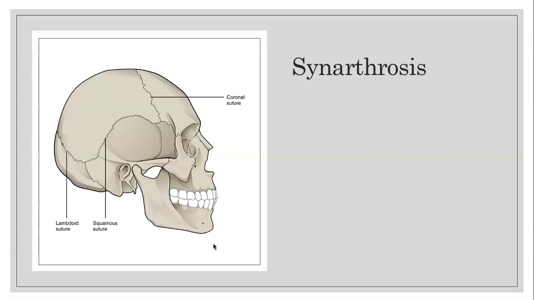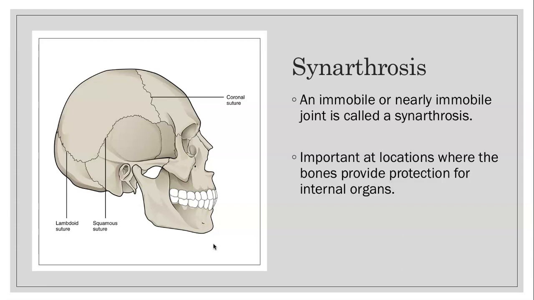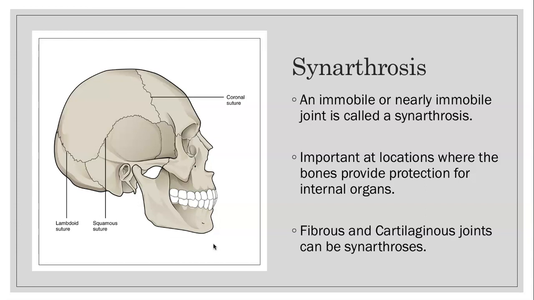Now let's talk about degrees of movement. The first are the synarthroses, or synarthrosis, which are the immobile or nearly immobile joints. Like I said, they're important at locations where bones are going to provide protection for internal organs. Namely, I can tell you, is your skull. You don't want that to be moving at all. You want that to be basically a capsule that's going to protect your brain.